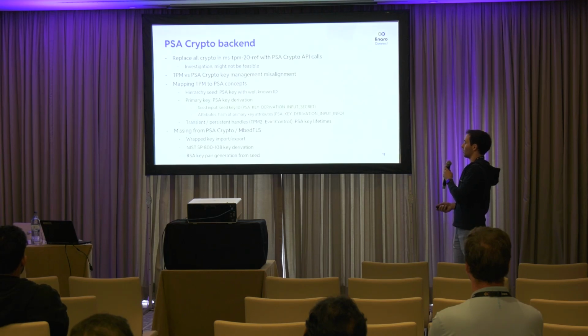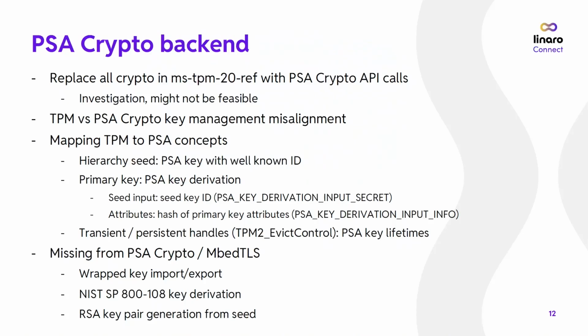So what I did was I started mapping the TPM concepts to PSA concepts to see if these two could be aligned somehow. The first idea is that the hierarchy seed can be represented with a PSA key with a well-known ID.